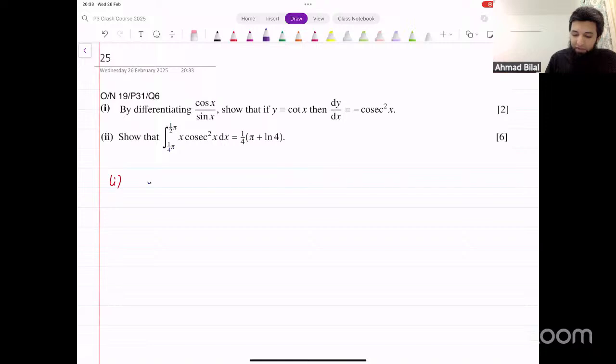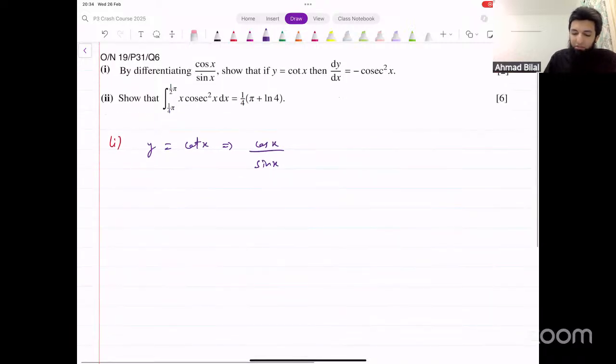So if you have to find the derivative of y equals cot x, how can we do that? We can write it as cos x over sin x, right? How do we differentiate it? We can use the quotient rule of differentiation. What was that? vu dash minus uv dash divided by v squared. This is u, this is v.